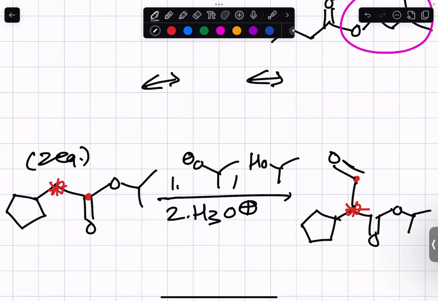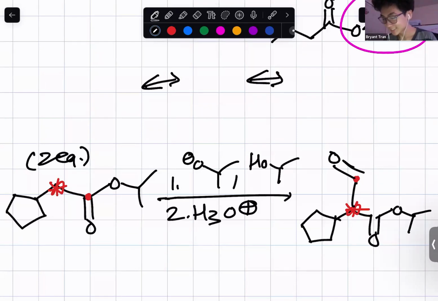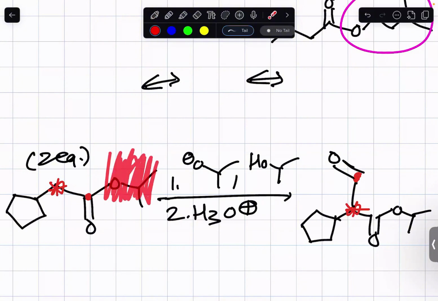And what is the dot attached to in the final product? It's attached... oh, we have to get rid of the OR group. Yes, so the OR group is no longer there in the final product. Oh, right.